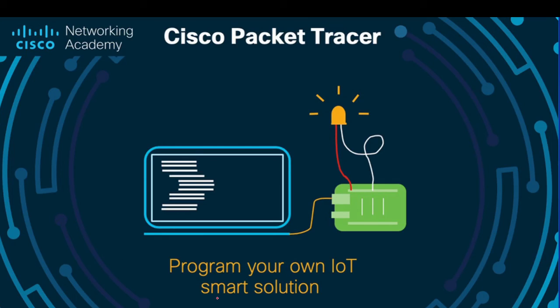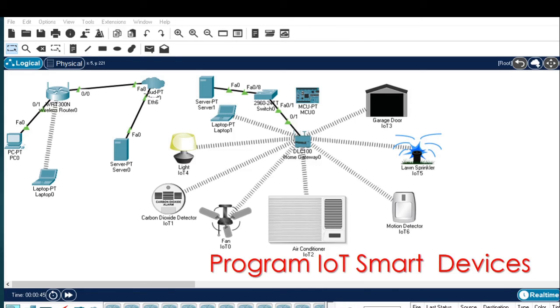We can also program our own IoT smart solution, meaning we can connect all these smart watches, our smart refrigerators, our smart lawn sprinklers to an existing network, and so they can be programmed and controlled. Look at all these smart devices. For example, your fan can now be shut down remotely over the internet if you wish.